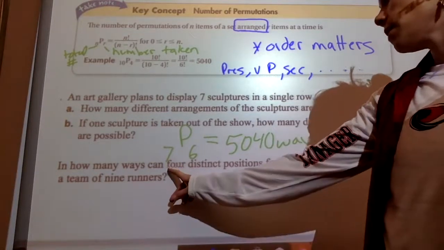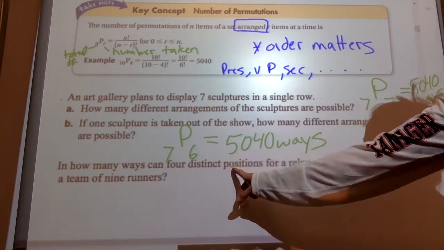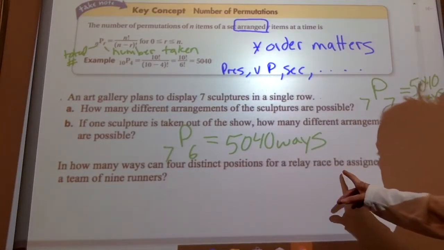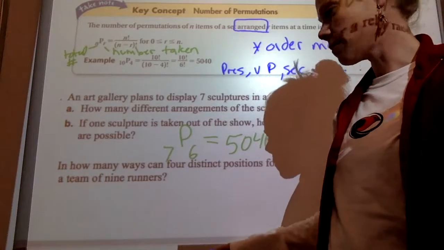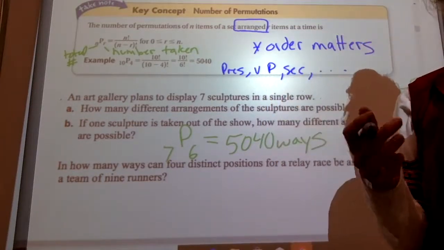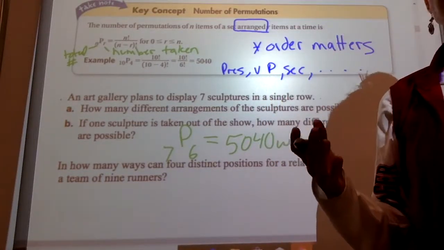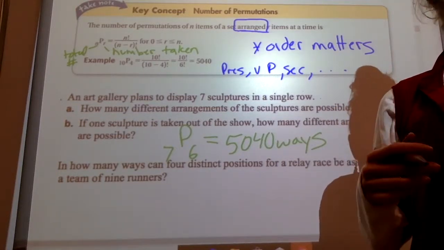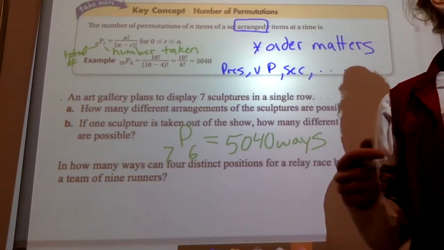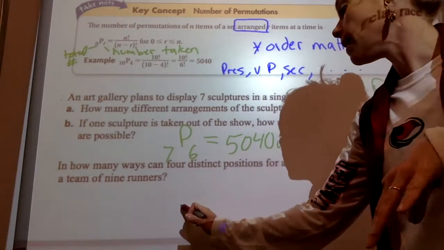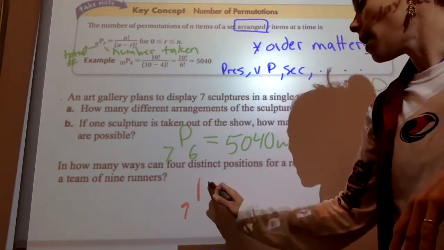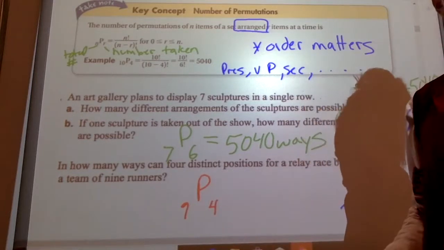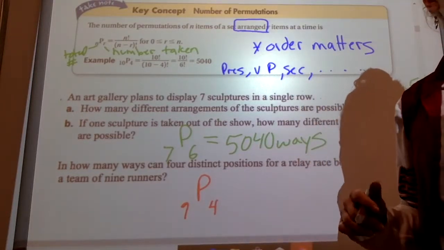Example, in how many ways can 4 distinct positions for a relay race be assigned for a team of 9 runners? So I have 9 people that can sprint the 100 dash and we're running the 4x1. So how many ways can I pick 4 of those 9 to run the 4x1? So my N is what? 9. I have 9 total runners. I'm picking 4 of them, and I'm putting them in a certain order.